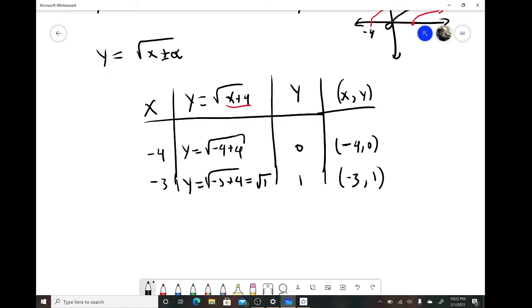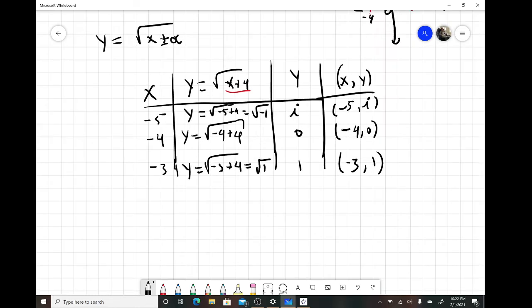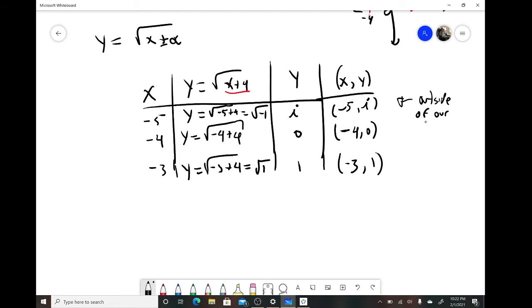And now what happens when we try to do a point smaller than negative 4, like negative 5? Well, if you try negative 5, we have y equals square root of negative 5 plus 4, which equals the square root of negative 1. The square root of negative 1 is i. But this is outside of our domain. What do I mean by this?